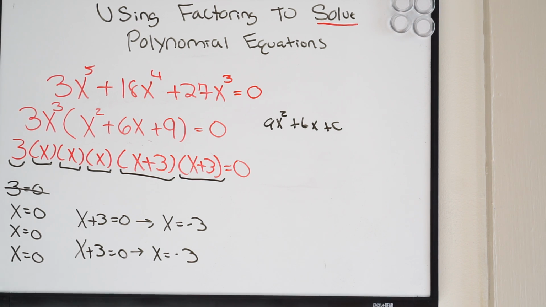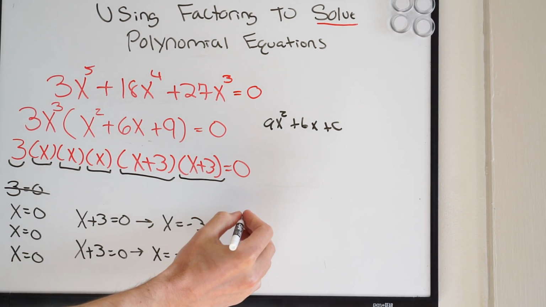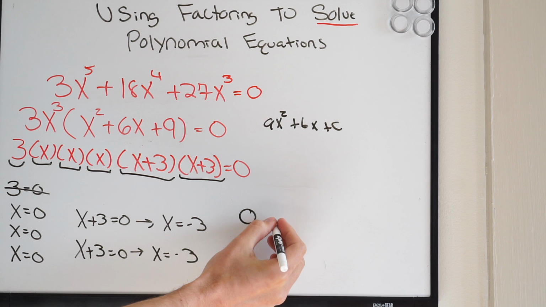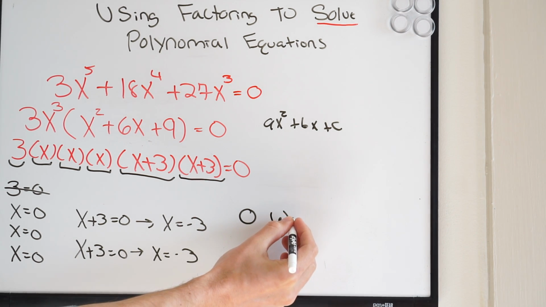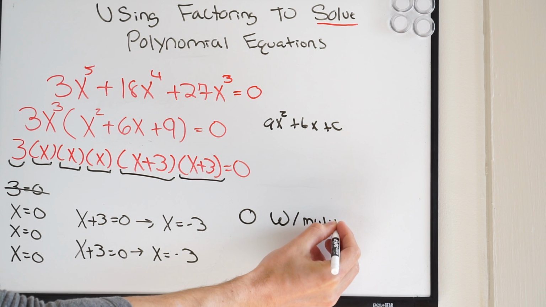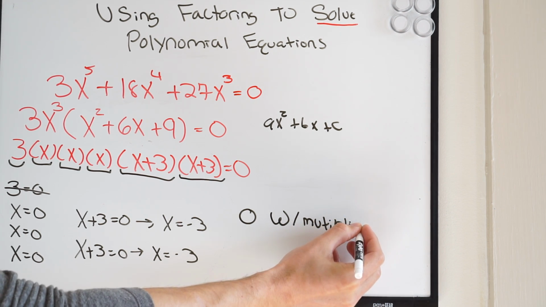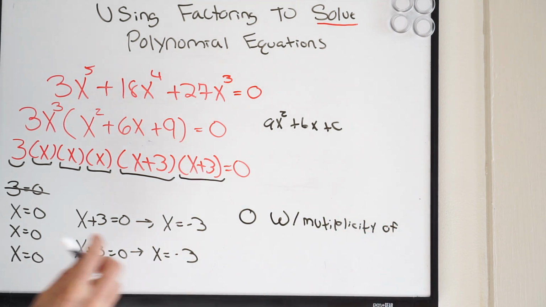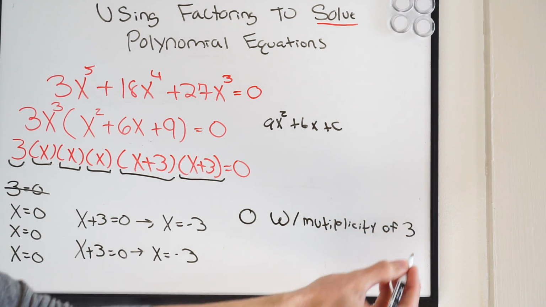We haven't got into this, but we will in the future. For this example, if you wanted to write out your answer, your answer would be 0 with a multiplicity of 3, because it occurred 3 times. So you would say 0 with, I'm going to abbreviate here, multiplicity of 3.